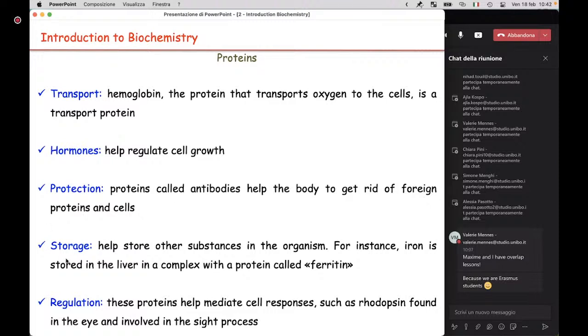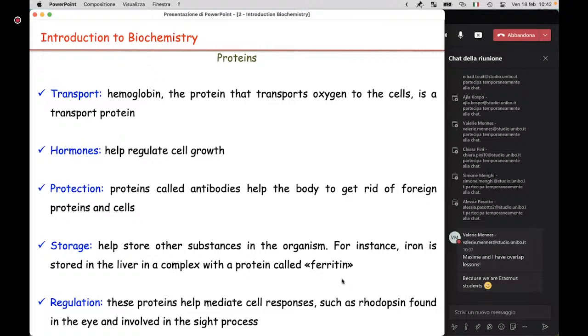Other proteins can store important substances. For example, iron is a very important element for our body, and it is stored in the liver within a protein.